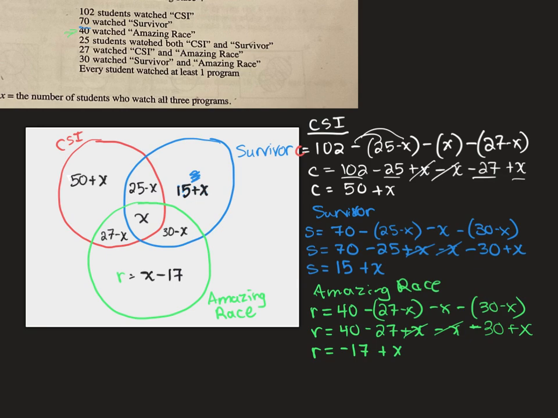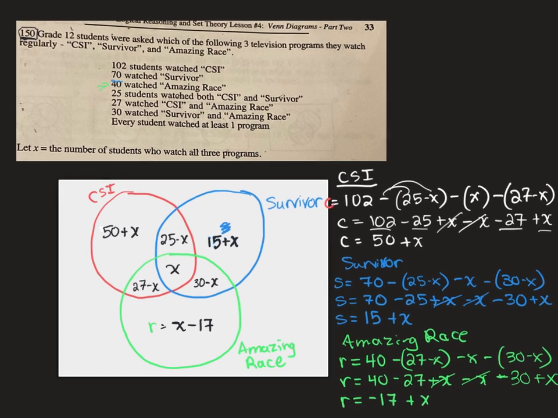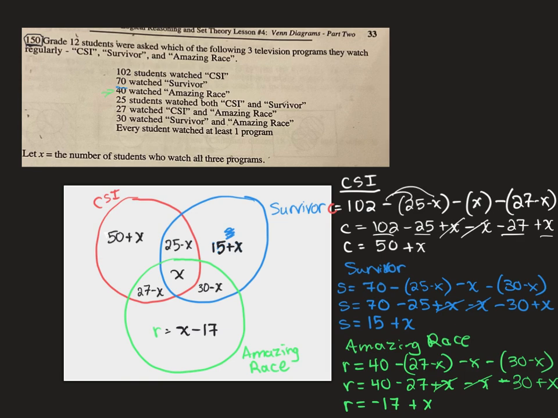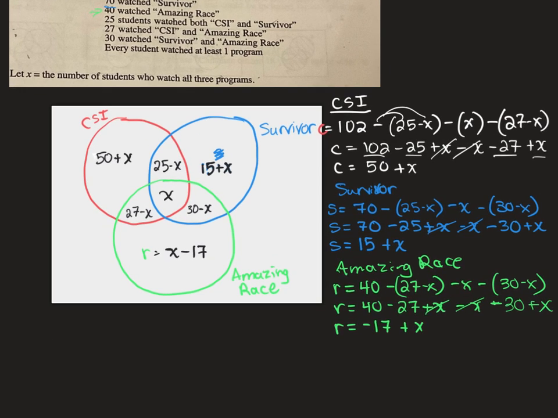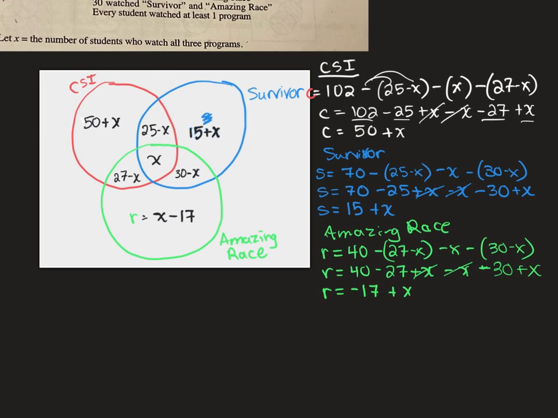Okay, now remember how I said we were going to need that total when I first read it? That 150 grade 12 students? So that is going to make basically everything inside of all of these circles should add to 150. So we are going to go 150 total equals, and then just start adding all those things together. So 50 plus x.